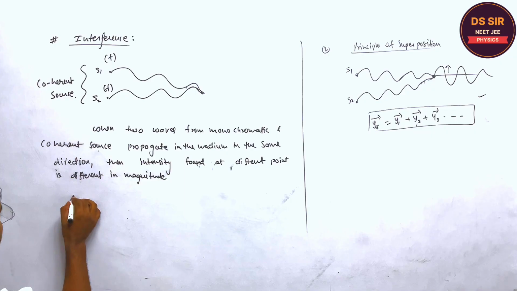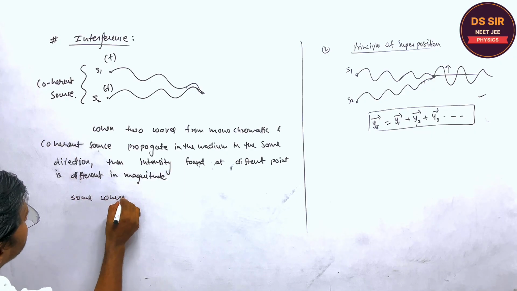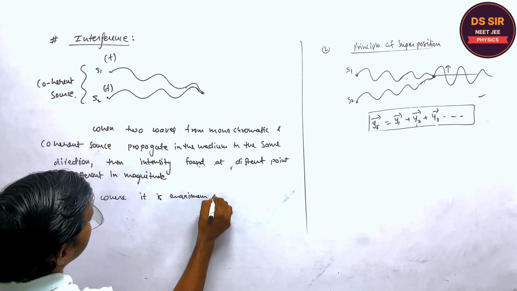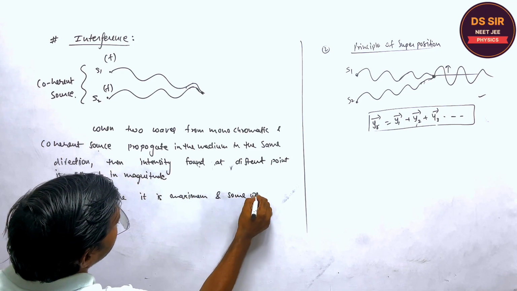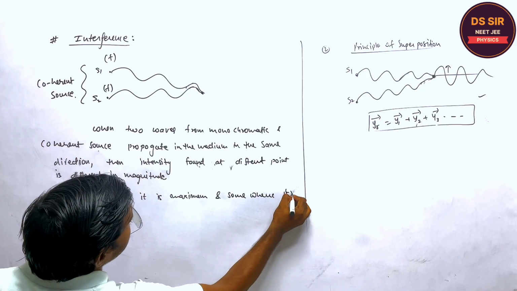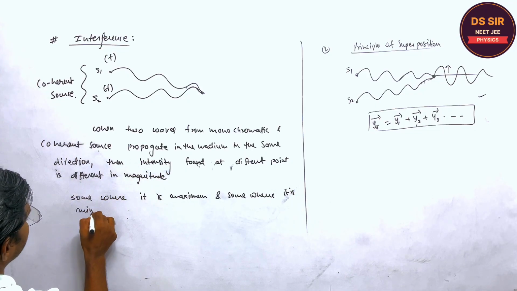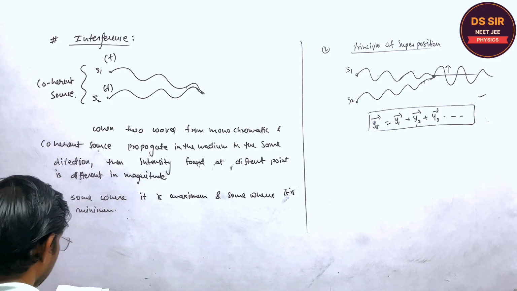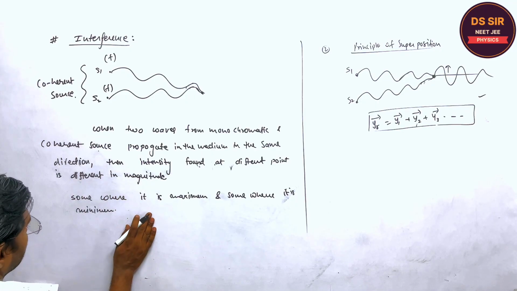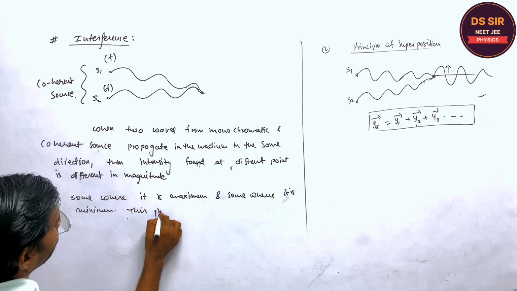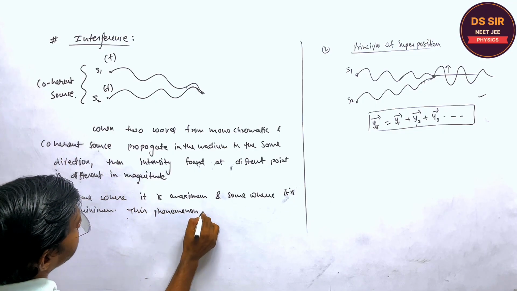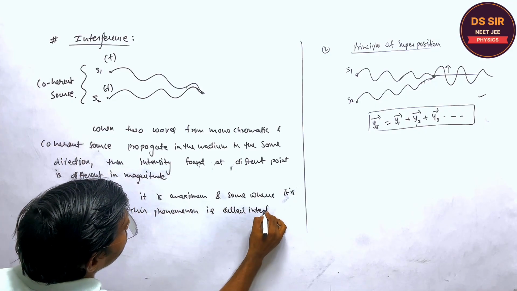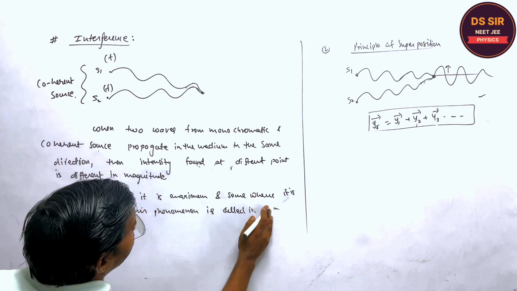Somewhere it is maximum, and somewhere it is minimum. Is it clear or not? This phenomenon is called interference.